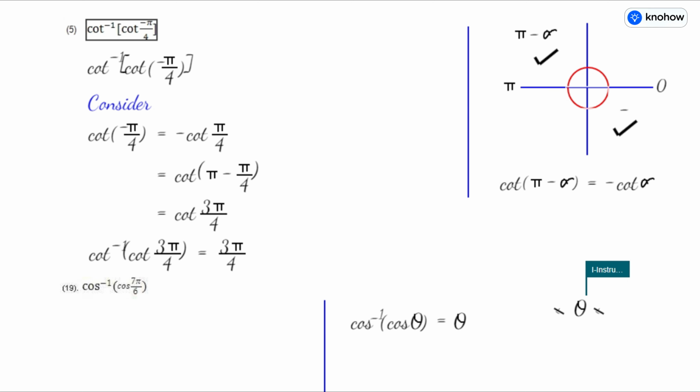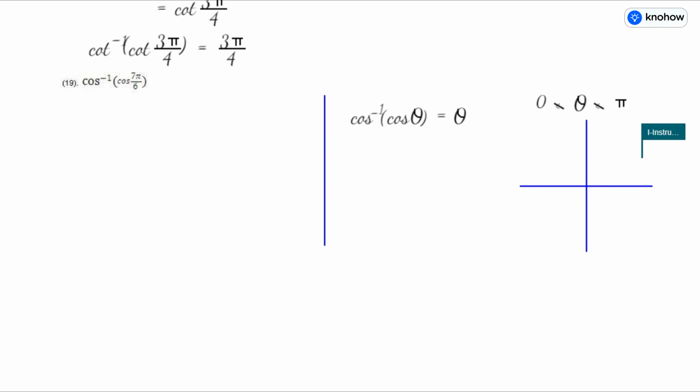It is 0 to pi. That means it may be in the first quadrant or in the second quadrant. But what about 7 pi by 6? 7 pi by 6 may be expressed as pi plus pi by 6. Obviously it is not in the interval 0 to pi, but it lies in the third quadrant.